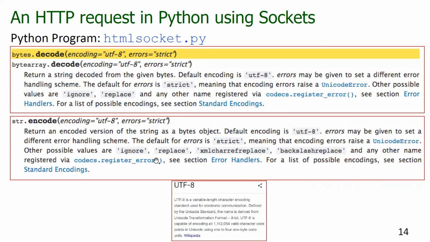Other possible values are the same as in decode: ignore, replace, additionally xmlcharrefreplace, backslashreplace, and many other names registered via the codecs.register_error method. This is the purpose of the decode and encode methods used in our program.